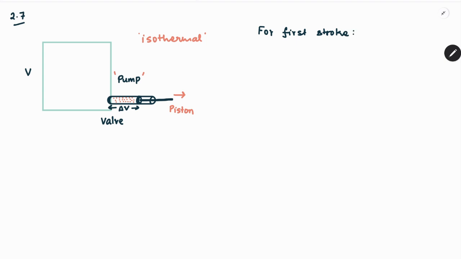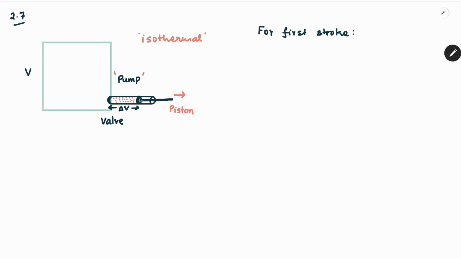The problem is saying that a vessel is of volume V and it is evacuated by means of a piston air pump. This is the piston air pump which we have demonstrated over here. So one piston stroke captures the volume delta V. This is the delta V which we are talking about. And then the problem is asking how many strokes are needed to reduce the pressure in the vessel by eta times. So again I am repeating it.